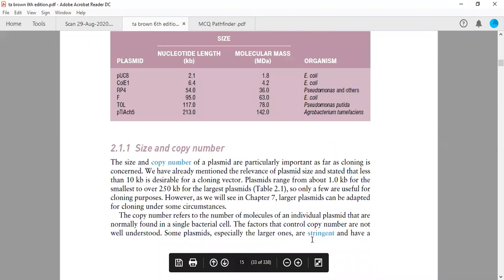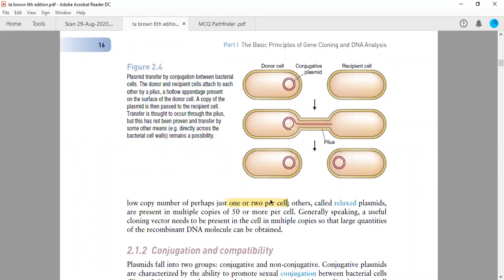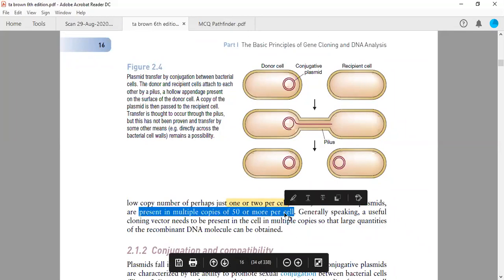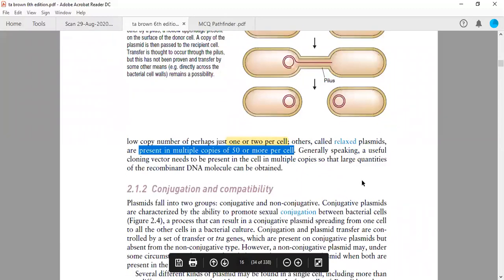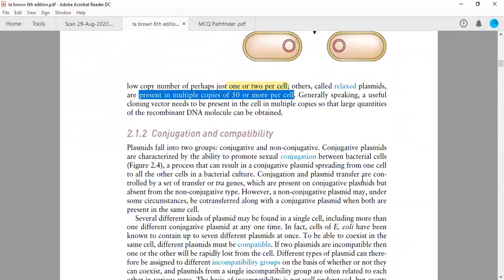So stringent plasmids are large, therefore they are present in low copy number, just 1 to 2 copies in a bacterial cell, whereas relaxed plasmids are present in multiple copies, up to 50 or more per cell, right? So first of all, they can be of two types, either low copy number plasmid or high copy number plasmid, called stringent and relaxed respectively.